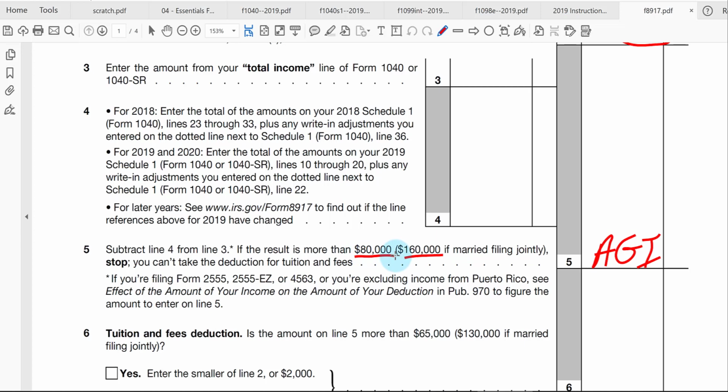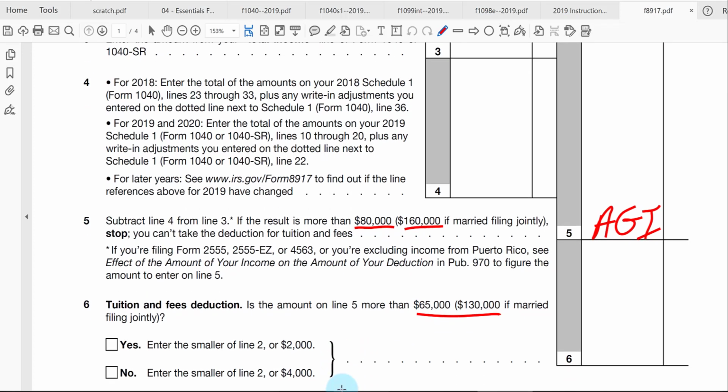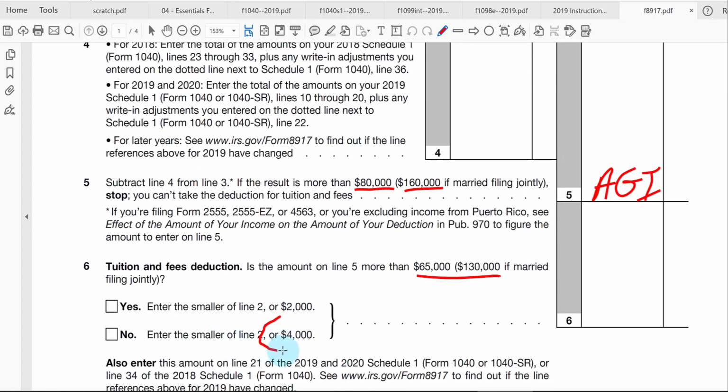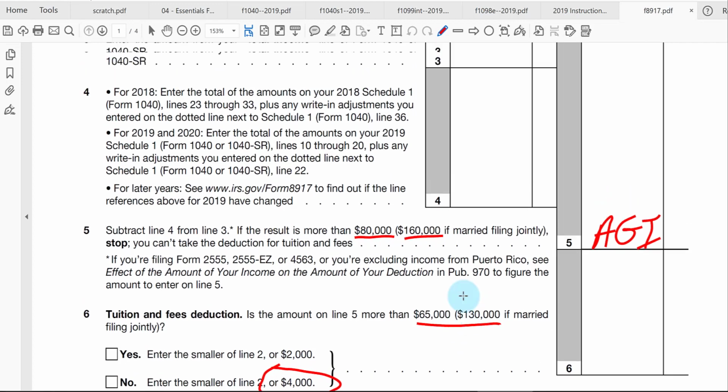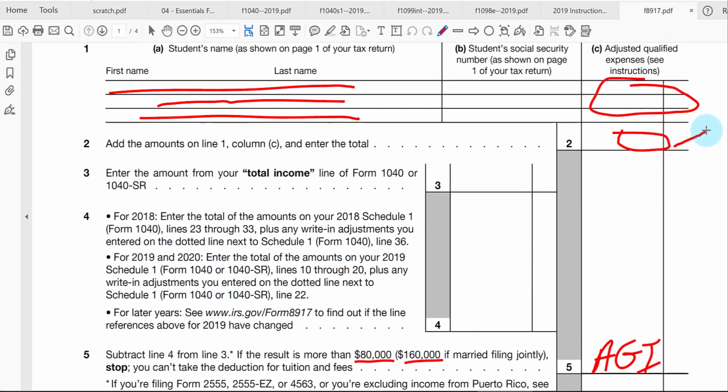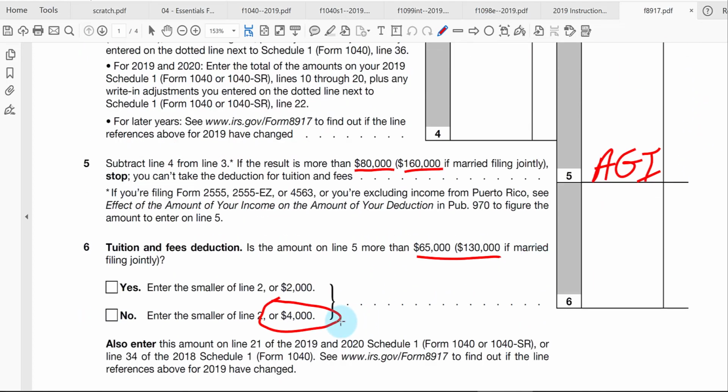Now, if your AGI is under these amounts here, then you get a $4,000 maximum deduction. You're comparing it with the cost over here, but the maximum deduction will be 4,000 if your AGI is 65,000 or 130,000, depending upon your filing status. If your AGI goes above 80,000 and 160,000, then again you get nothing.